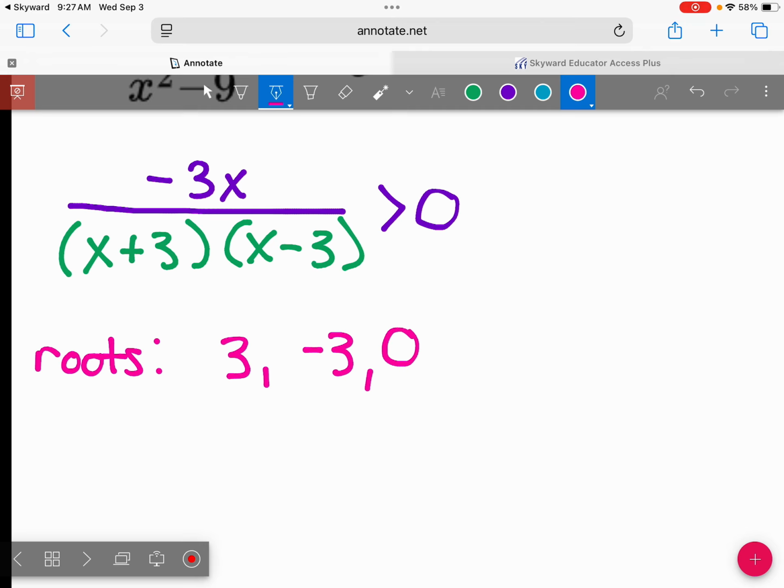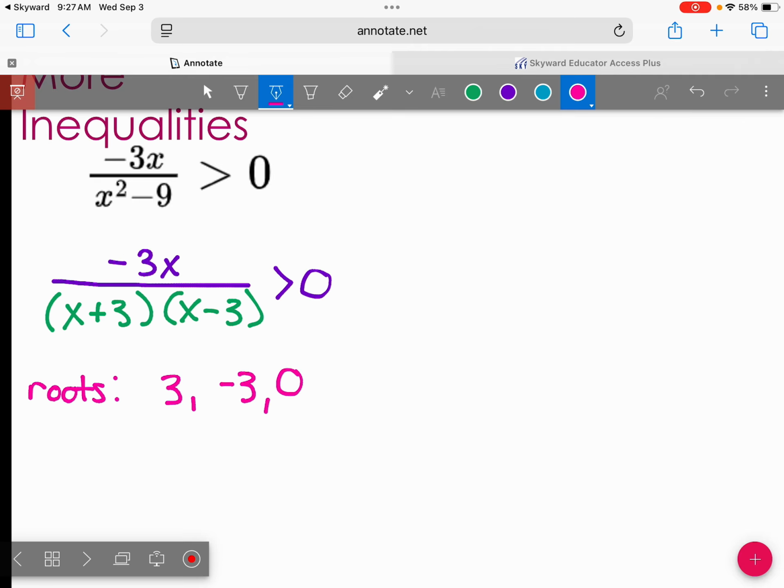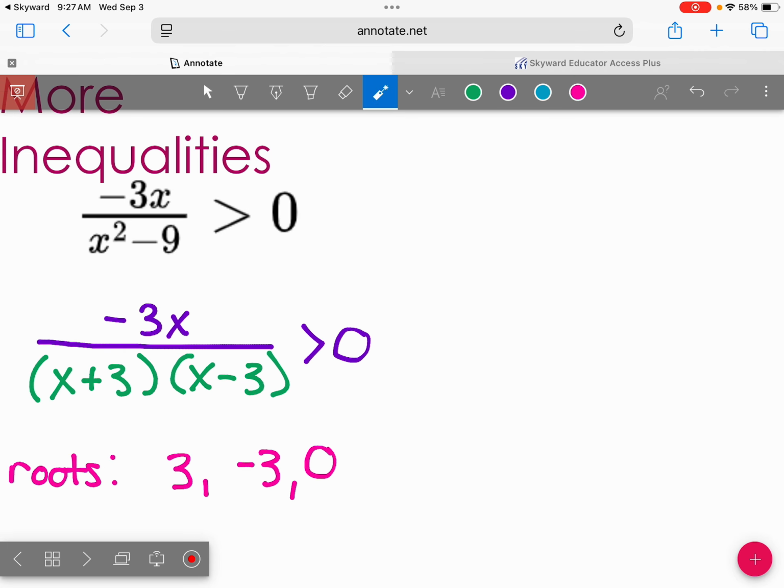It's still a piece there. So this guy still gives us a factor at 0. So we have 3 factors here, 3 roots. We can't forget about that x in the numerator. Just thinking about how we get roots: if we'd like x plus 3 equals 0, x minus 3 equals 0, we can do the same with this thing to find our roots.